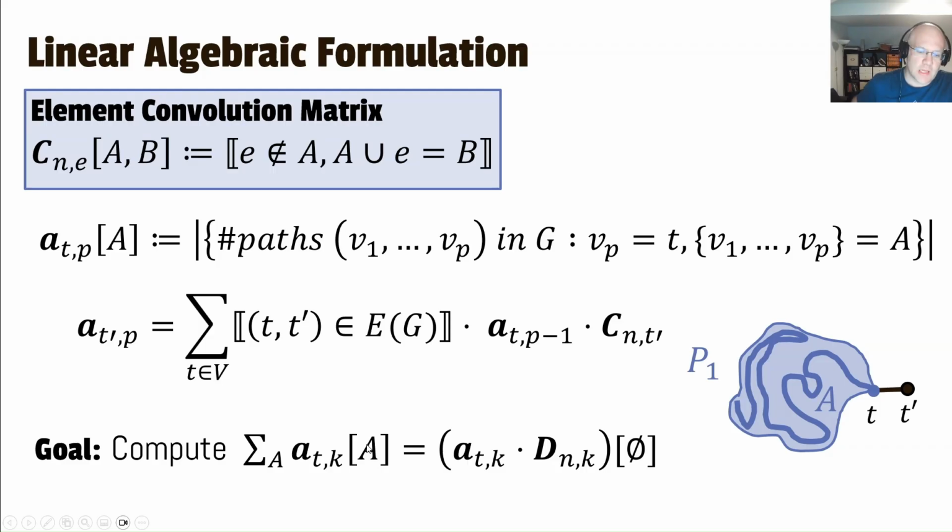And we're going to phrase this in terms of this disjointness matrix from the previous slide. So note that this is also equal to this quantity here. So I multiply A with D, and then I look at the entry indexed by the empty set. And this holds because every set is of course disjoint with the empty set. Okay, so remember, this is the entry we would be interested in the end.